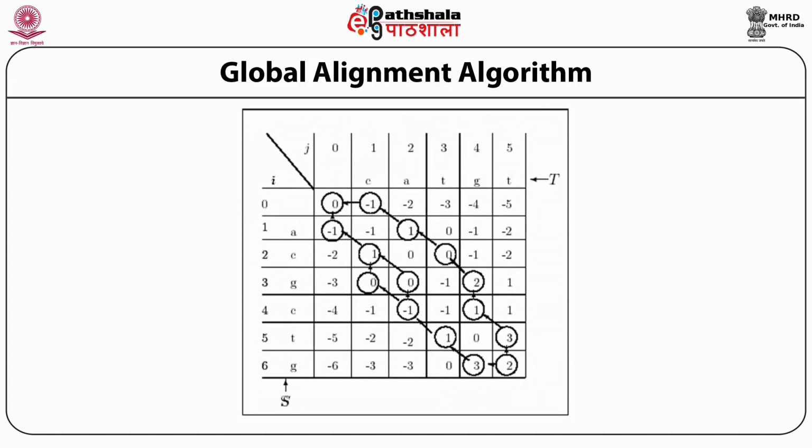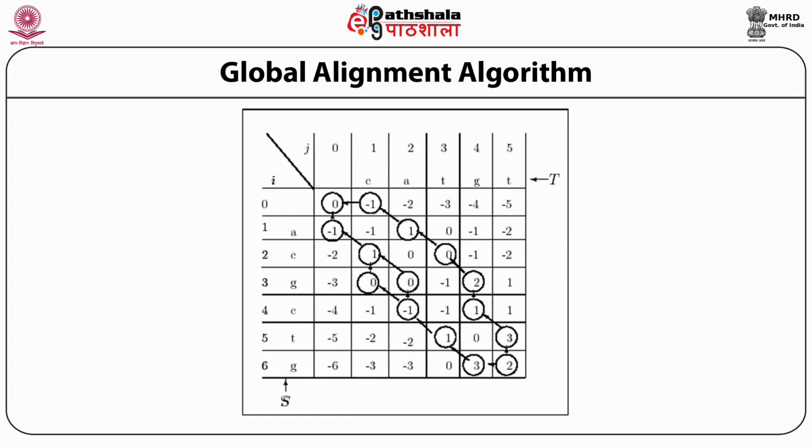Now once this table is filled up, I start from the bottom right corner, which in this particular case is the 6th position G in S and the 5th position in T, and then I look at which are the largest pathways. In this particular case there are 2 ways to go, right? At each position I find out which are the largest backwards, and I move along until I reach the beginning of the sequence.